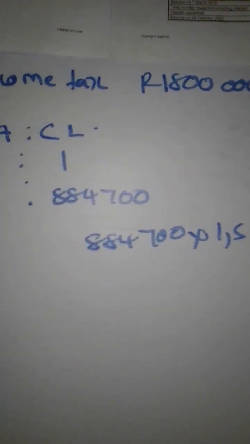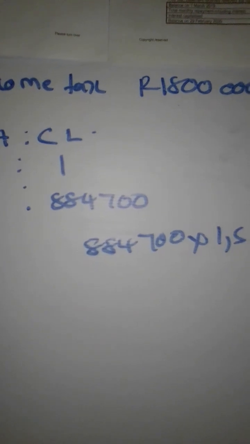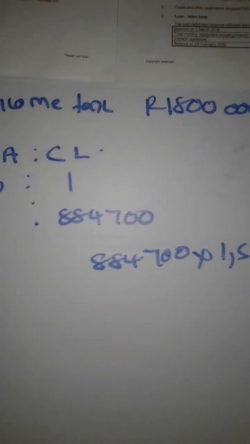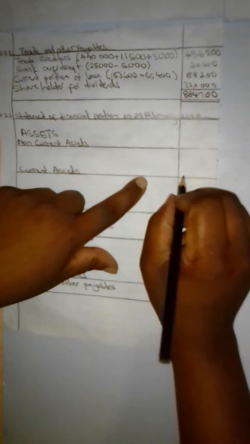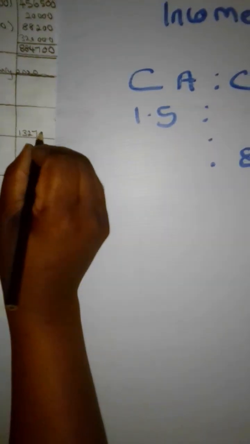Okay, let me go back to my calculator. The current assets now are 1,327,050. I'll go to my answer book. Current assets 1,327,050. How did I get that?